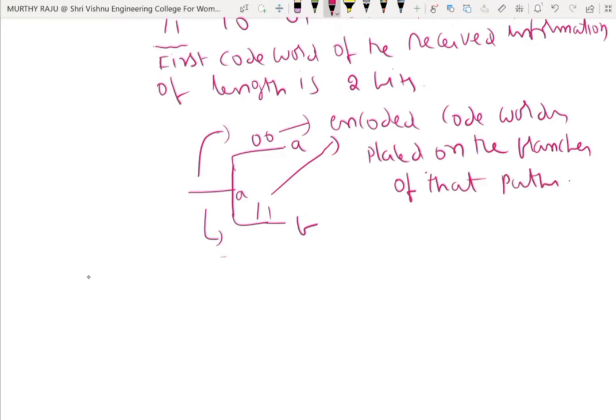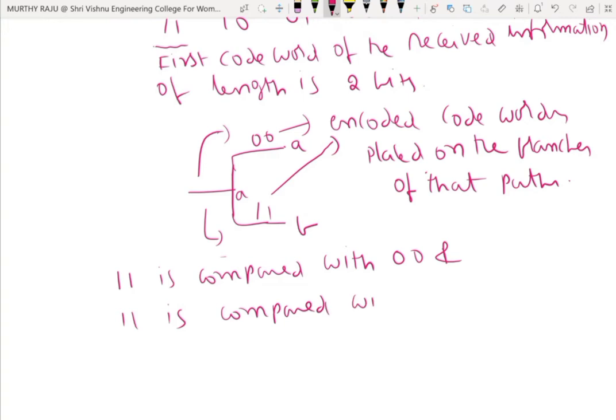Therefore, first received code word of length n bits, that is 1 1, is compared with 0 0, and 1 1 is compared with 1 1.